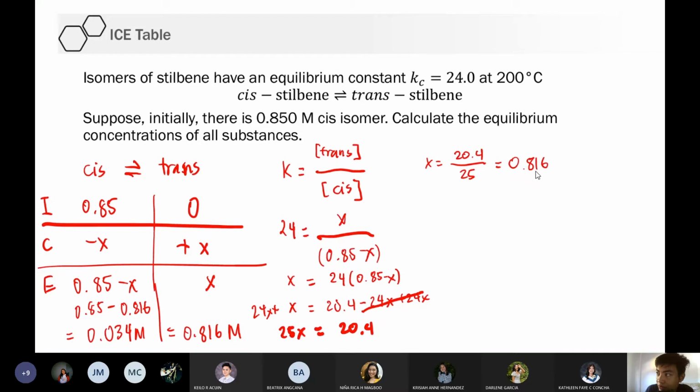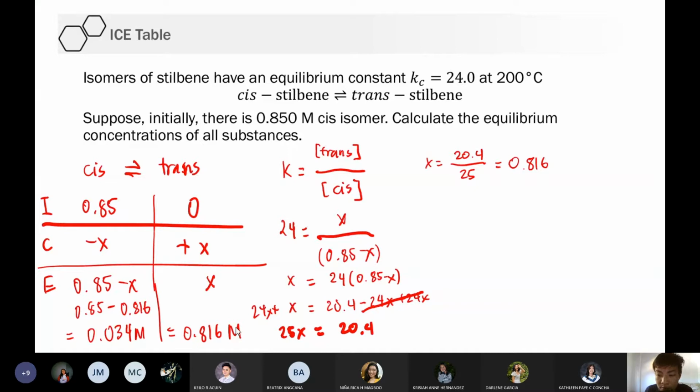After solving for the value of X, you plug your X into the E to solve for the equilibrium concentration of all species. So at equilibrium, cis is 0.34 and trans is 0.816 molar.